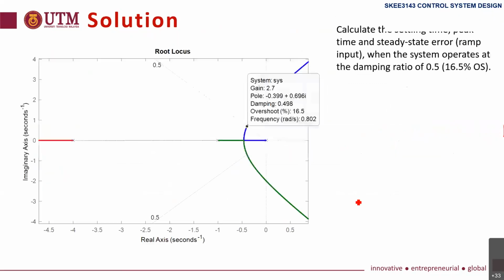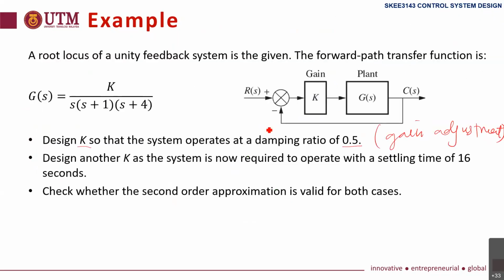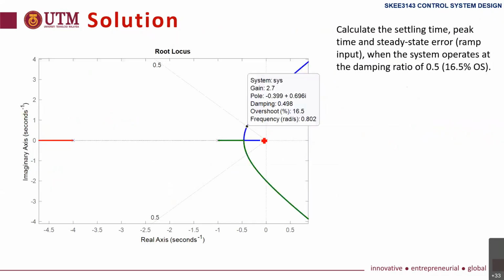Let's do it. I will go fast, since we have done this. When you plot, you will get this. These are the poles at 0, -1, -4, and these are the arrows of the root locus, going up, going down, and going up.